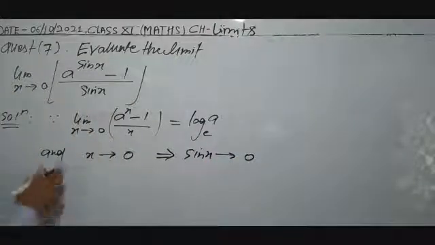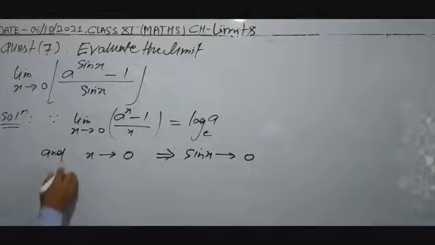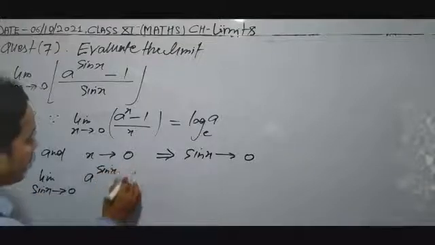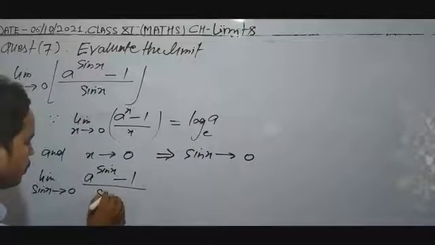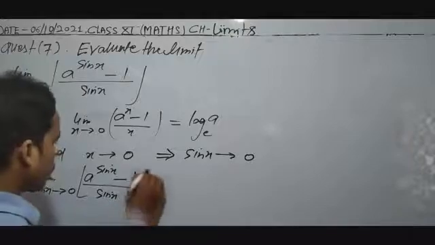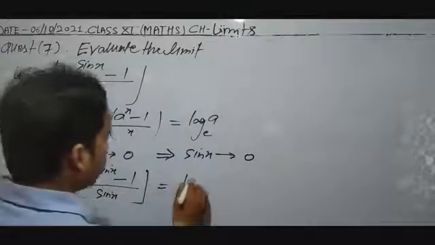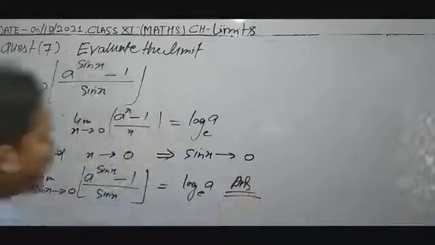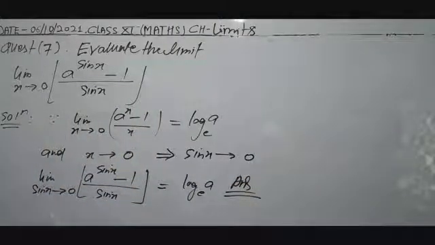Operate sin on both sides, so sin 0 will be 0. So limit sin x tends to 0, a to the power sin x minus 1 whole upon sin x is equal to log of a base e. Now this is the answer. Question number 7 is completed.